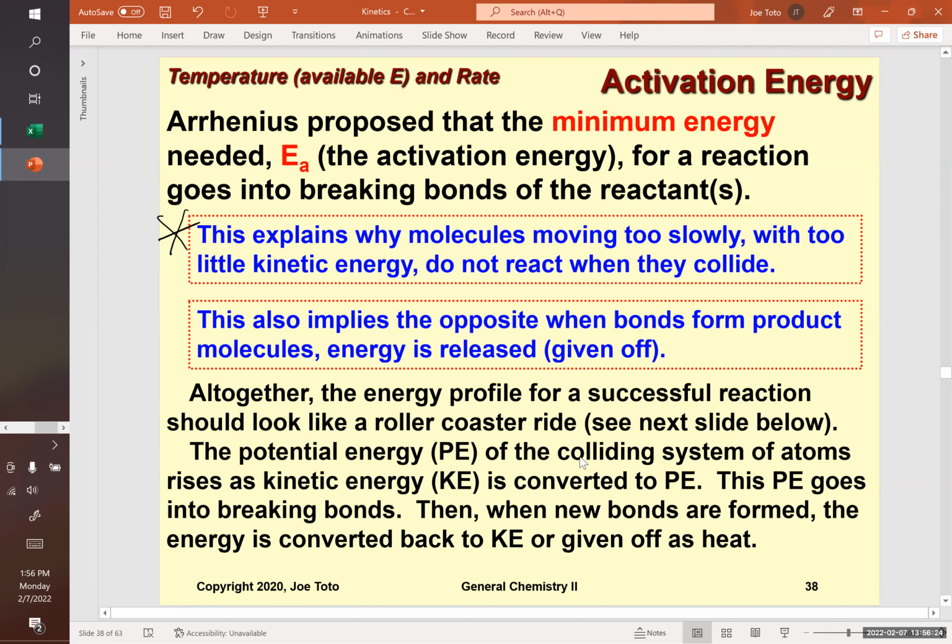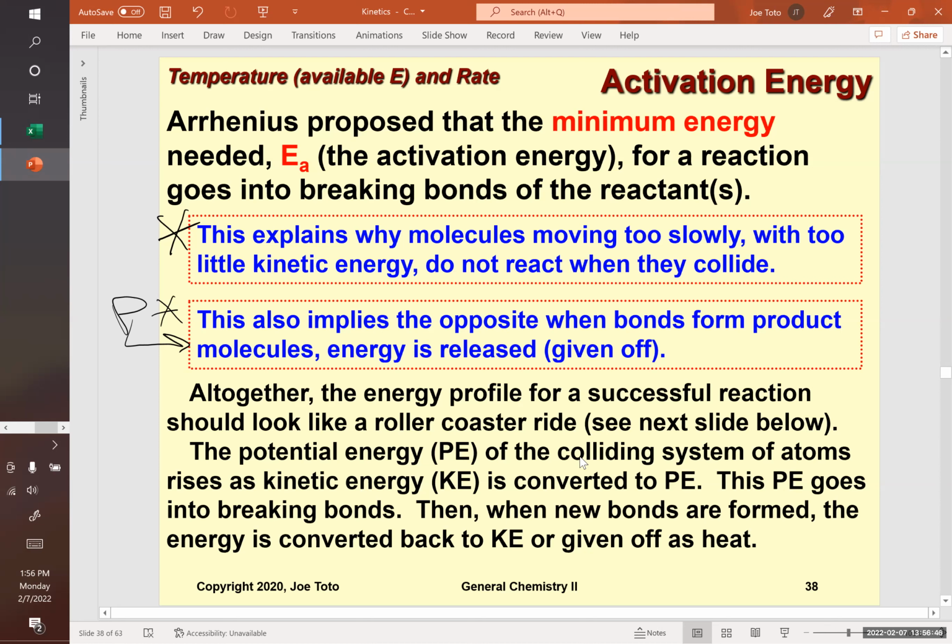Now, this also implies that new bonds are formed in the products. So does that mean activation energy is synonymous with the energy needed to break bonds? It is related to the energy needed to break bonds.